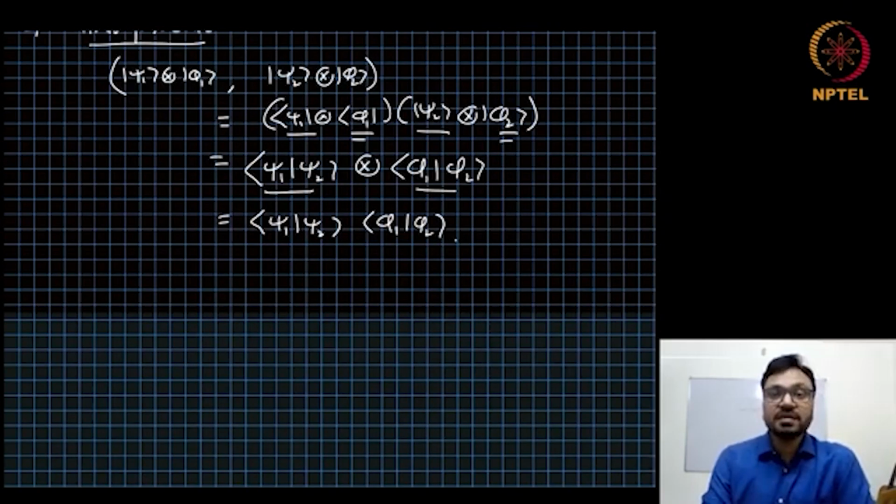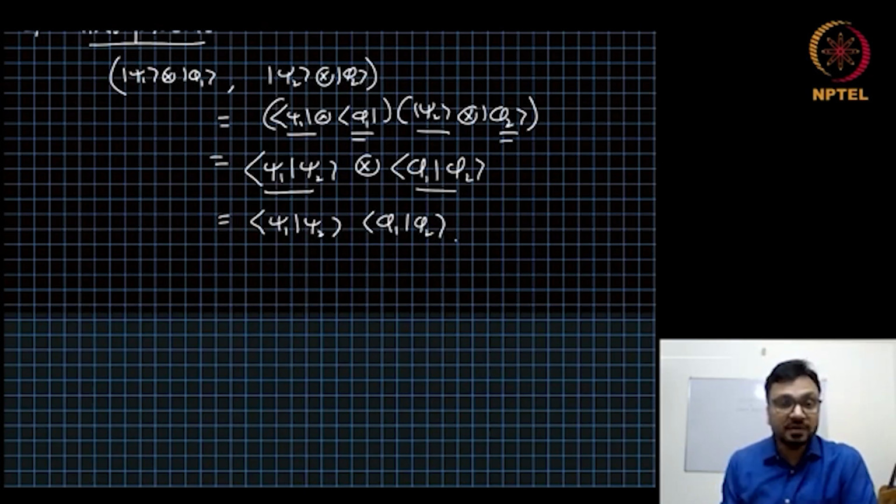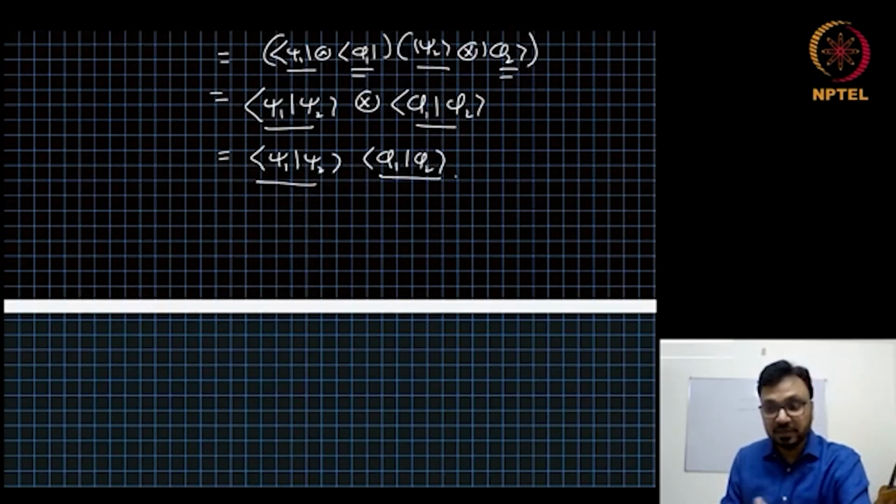So A does not feel the existence of subsystem B, and B does not feel the existence of A. So in their labs, the inner product will be just as if there was nothing else. When we have correlations, which we will discuss shortly, these inner products might be slightly more complicated, but it will satisfy this definition, with a little bit of generalization.